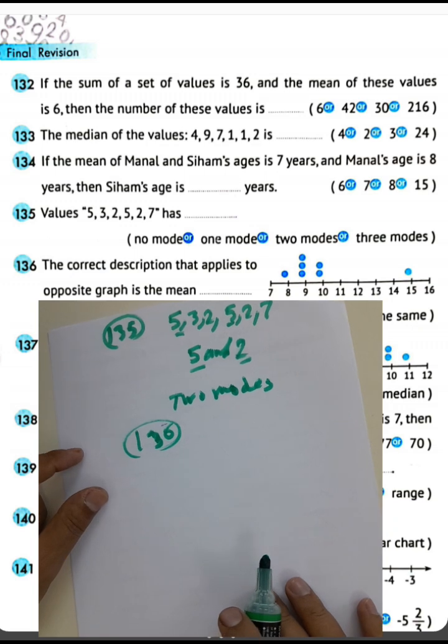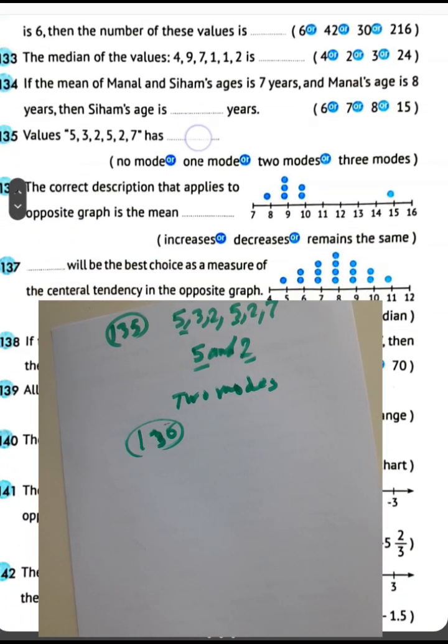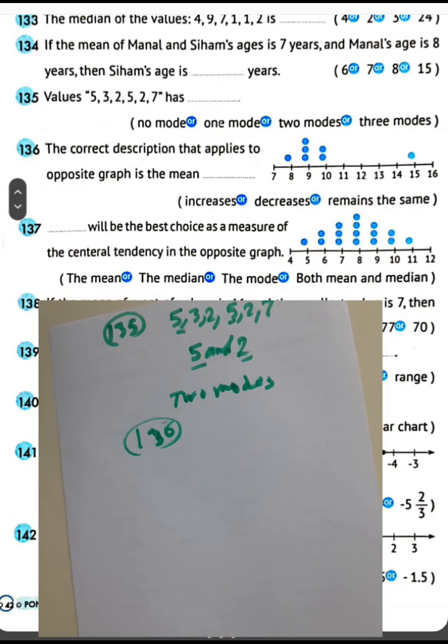Question 136. The correct description that applies to the opposite graph is the mean. The mean here will be decreased or increased. We have this point here, we call it an outlier. The outlier here is 15, greater than this number, so the mean will be increased.